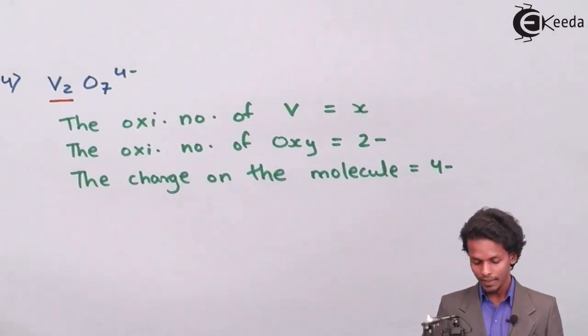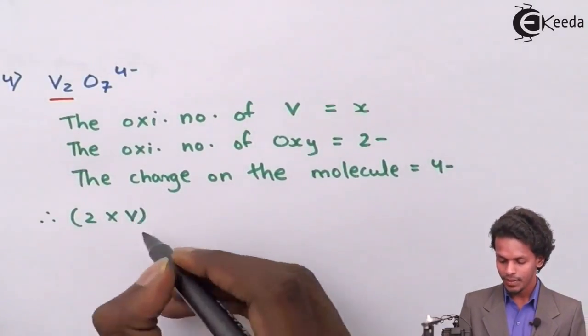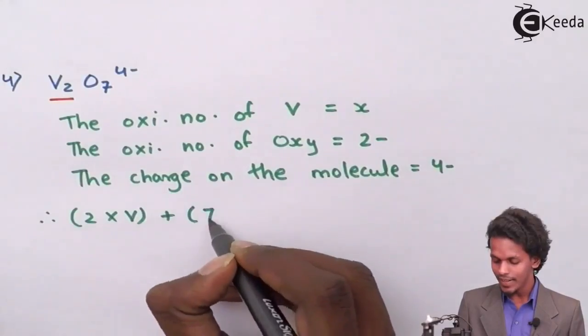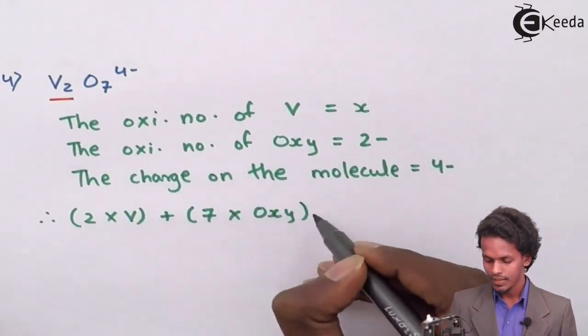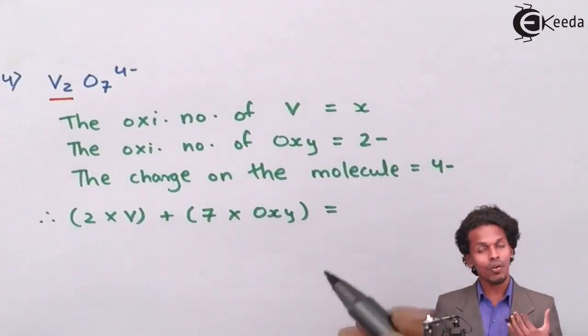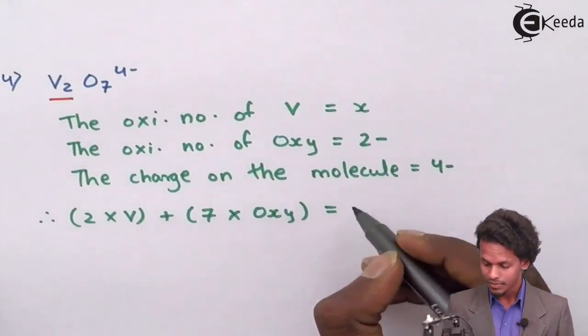So let us calculate it. Therefore, 2 times vanadium plus 7 times oxygen, that is oxy, and the overall charge or the overall oxidation number in this case is 4 minus.